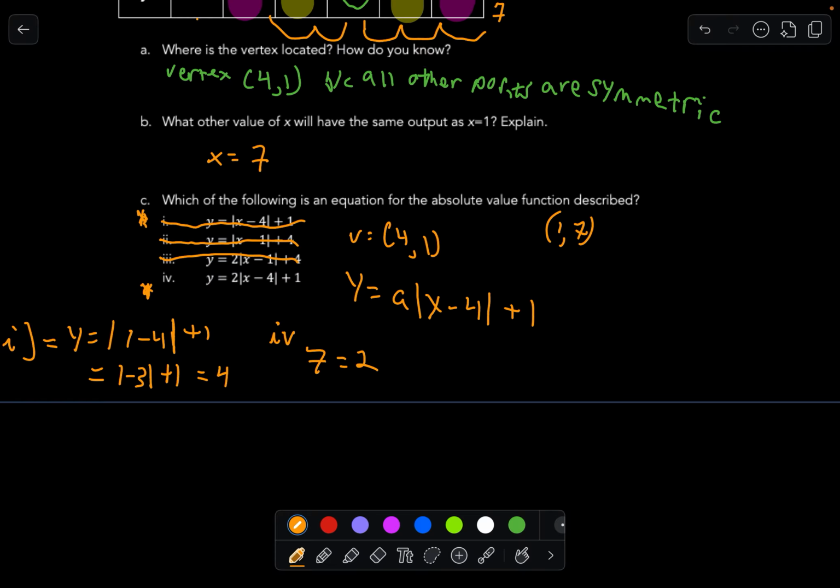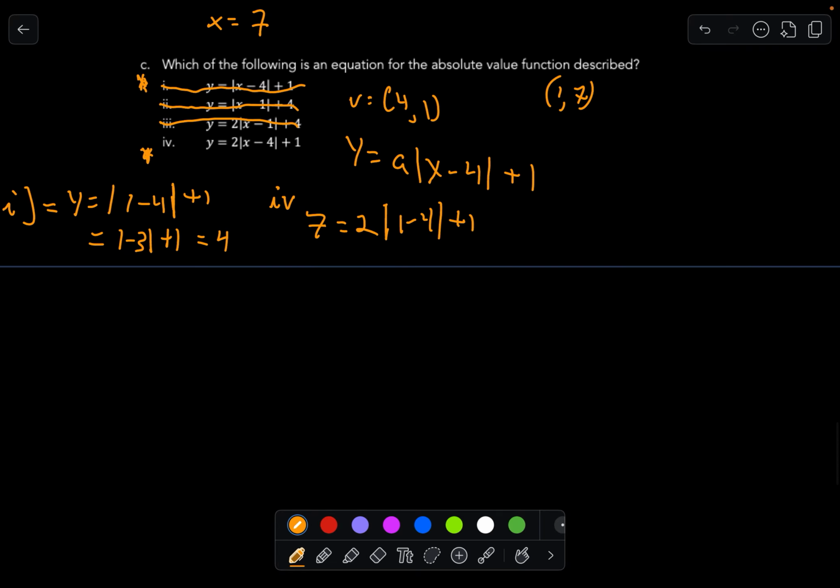You would get 2 times the absolute value of 1 minus 4, plus 1. 1 minus 4 is negative 3, and the absolute value of negative 3 is 3. So that's 2 times 3 plus 1. And does that equal 7? Well, yes. 2 times 3 is 6, 6 plus 1 equals 7. And thus, we were right to guess IV.